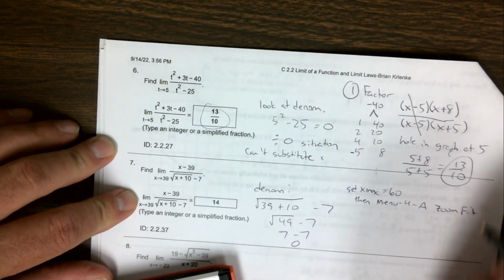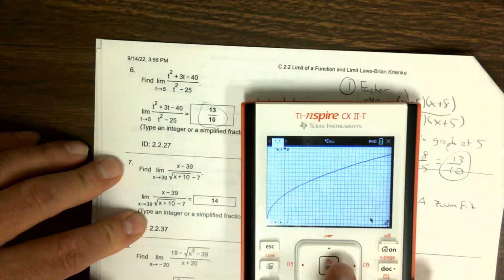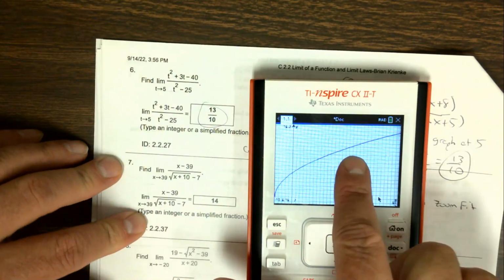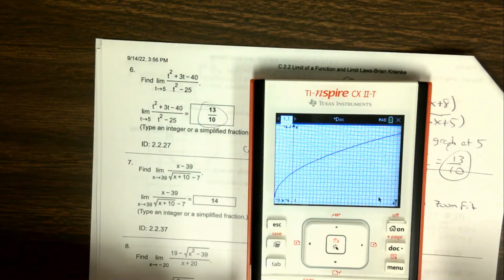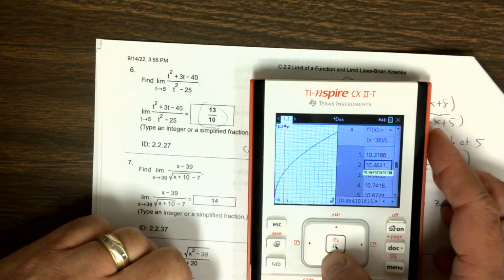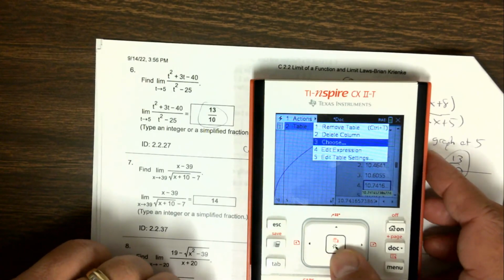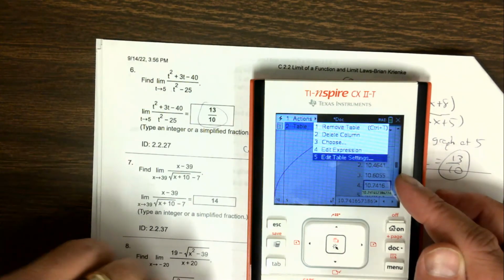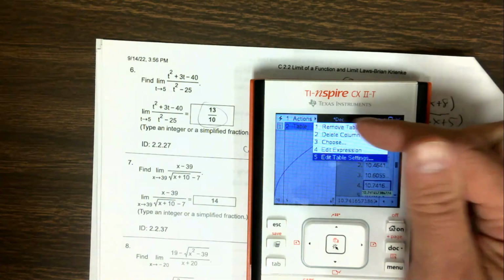Okay, so now what's actually happening at 39? It must be a hole in the graph, which is what we kind of thought. So if you go in your table, you could just hold this down until you get there, but that's kind of wasting time. So you want to go to your table settings. You first press menu, then you press 2 for table, then 5 for settings.